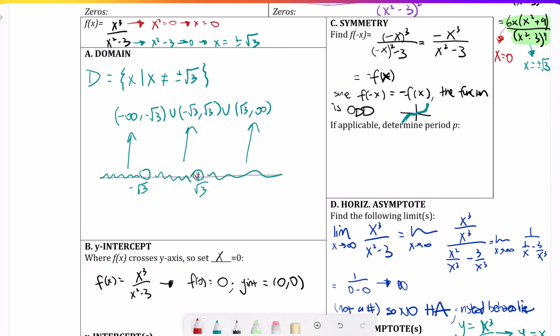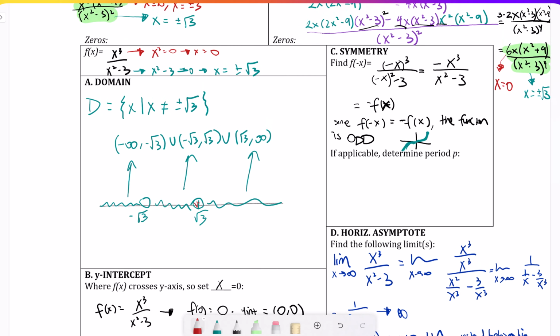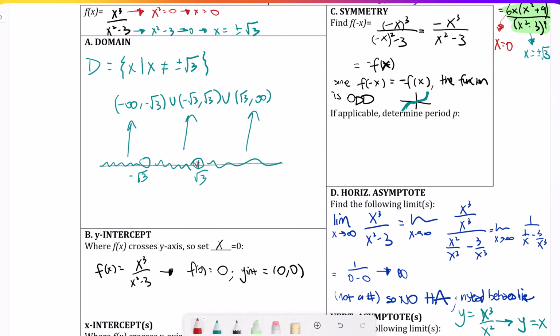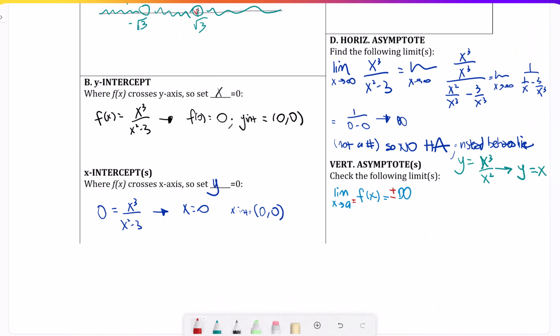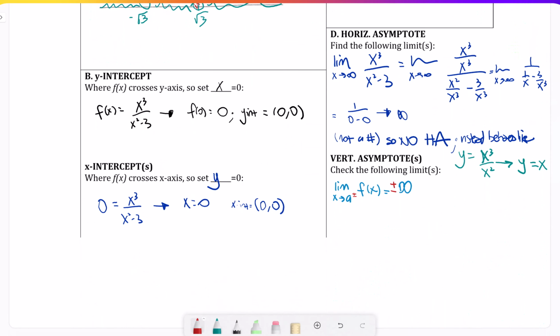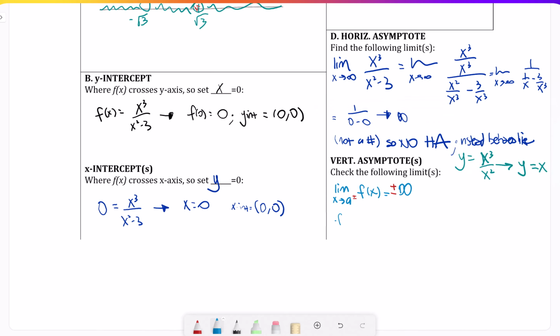Now, not every gap is a vertical asymptote. A gap could be a hole. We know it's not a hole in this case because we are not having the 0 at radical 3 in the numerator. So note that f of x is going to be x cubed over x minus radical 3, x plus radical 3, difference of squares.